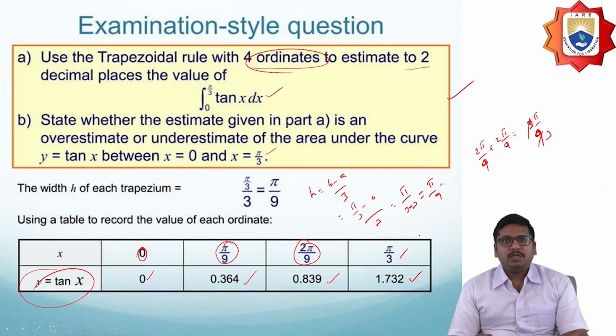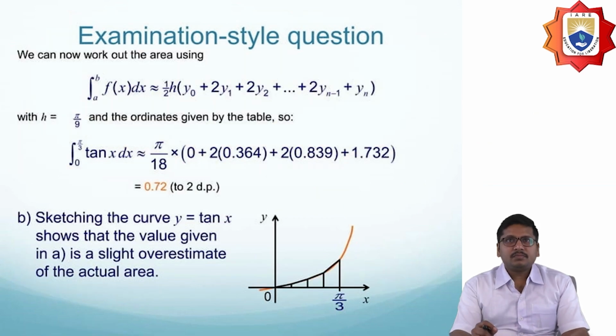Once I have these values, we substitute them into the trapezoidal rule equation. The integral from a to b of f of x dx is half of h into y0 plus 2y1 and so on up to 2y(n minus 1), plus yn.